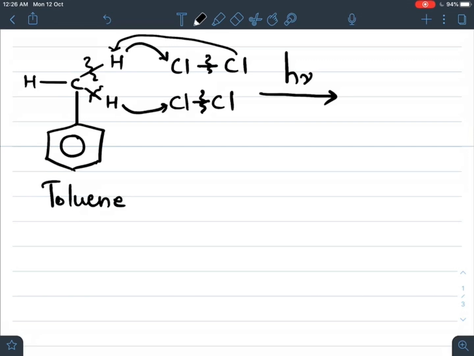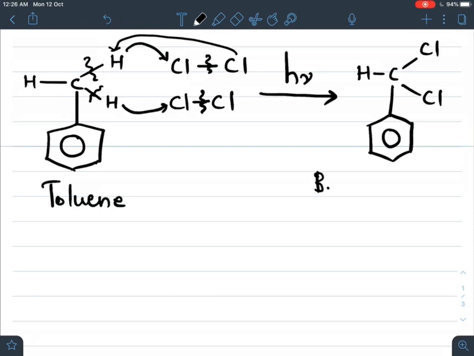So we get the intermediate product, where the CH bond remains as it is and two hydrogens are replaced by two chlorines. CHCl2 is formed.